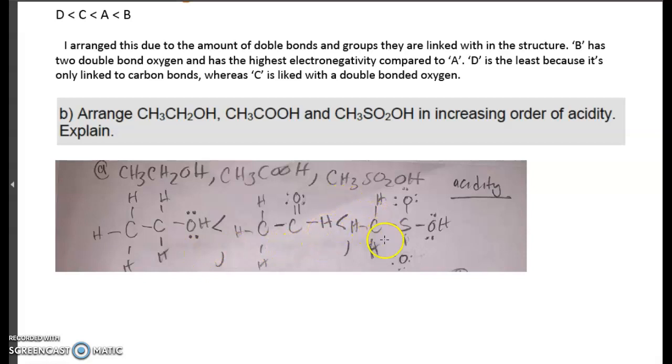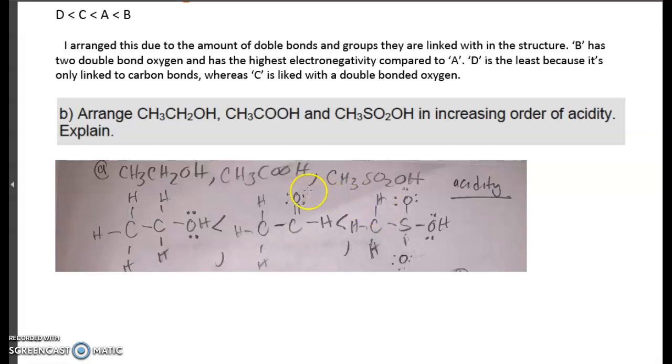The next one's going to be CH3SO2OH. I said that the acidity for the last one is higher because sulfur is in this molecule here, meaning that it's higher electronegativity. The higher electronegativity it has, the more acidic it is.